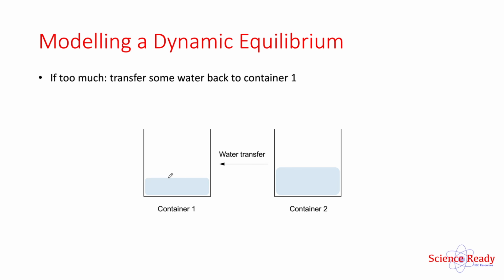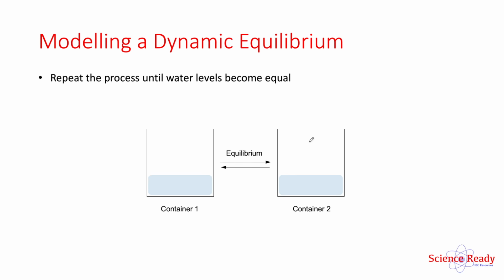Now in this model, I'm allowed to pour some water back to container 1 until I achieve the same amount in 2 containers. So after a while, if you repeat this process, you will get to a point where the water level in the 2 containers are equal.